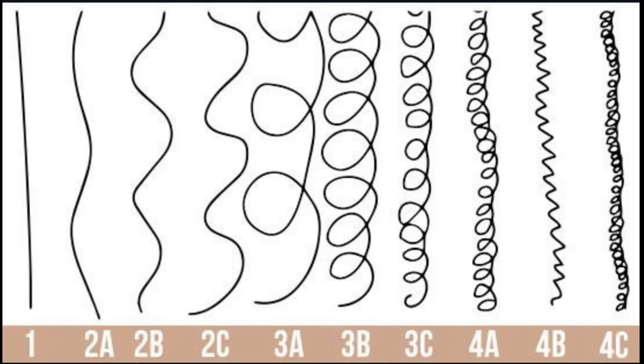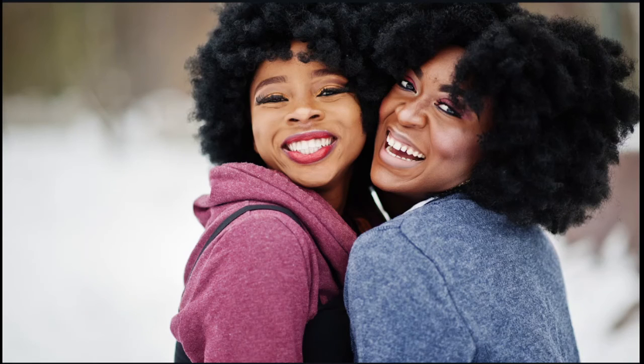As you can see in this diagram with the 4A, B, C, even the 3C, the curl is so much more tightly wound that oil cannot seem to fall down that strand evenly. And without lubrication, the fibers become very, very dry. This causes the brittle strands to flake and roughen, resulting in hair that is coarse to the touch.